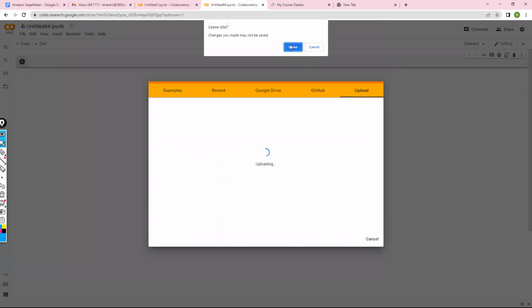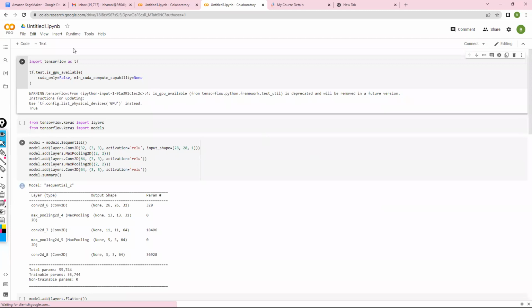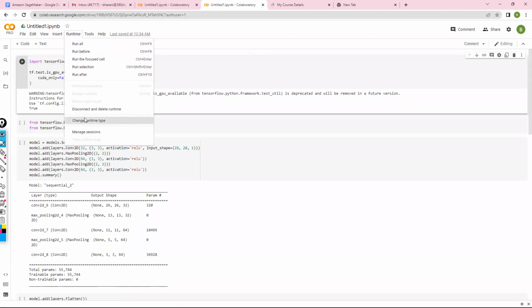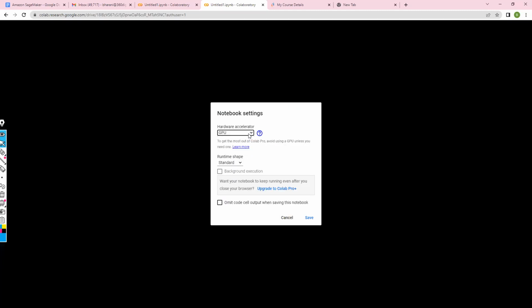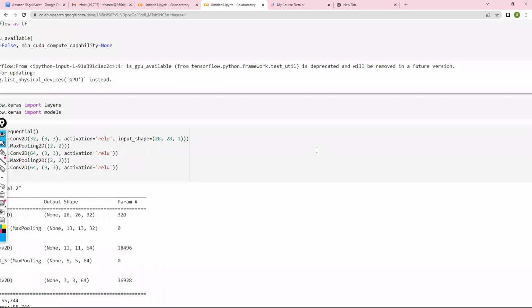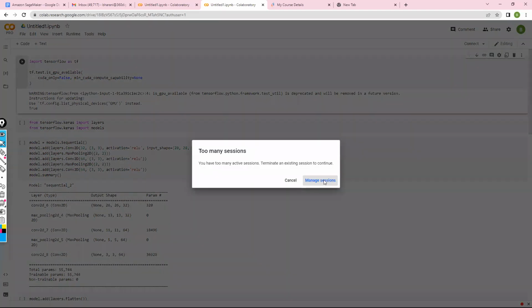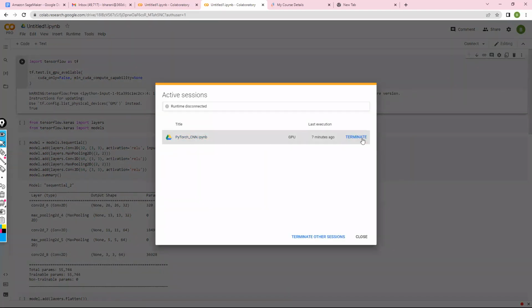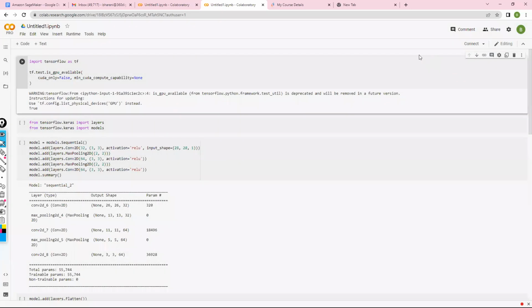So let it load. There we go. So I'll go to runtime, change the runtime. Yep, GPU is there. Let me choose a high RAM. Let me connect it. Yeah, if there are far too many sessions, we shall terminate. That's okay. And we shall connect to this.